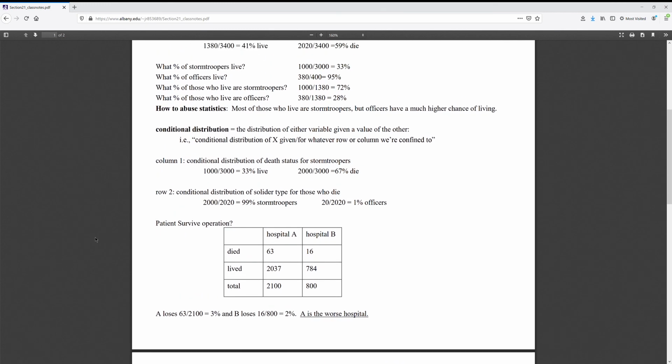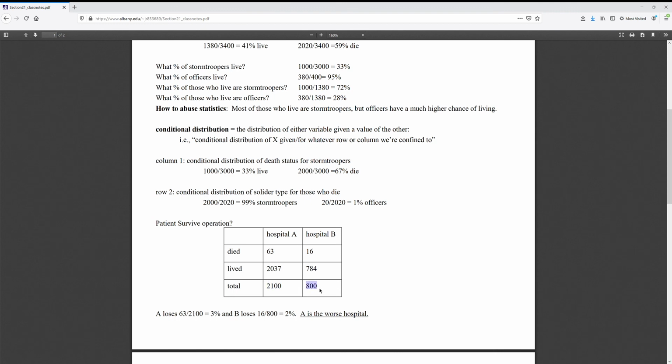Let's take another example. We're talking about a couple of hospitals, and in this case we have some data on numbers who lived and numbers who died after an operation. So for Hospital A, 63 of those who had an operation died, and 2,037 lived, for a total of 2,100 operations in Hospital A. Hospital B, a little smaller, obviously.